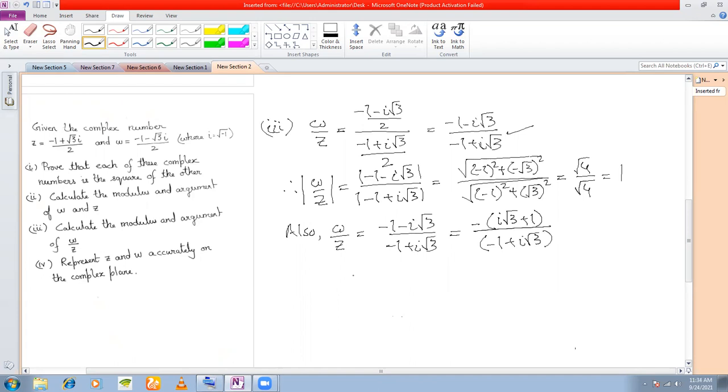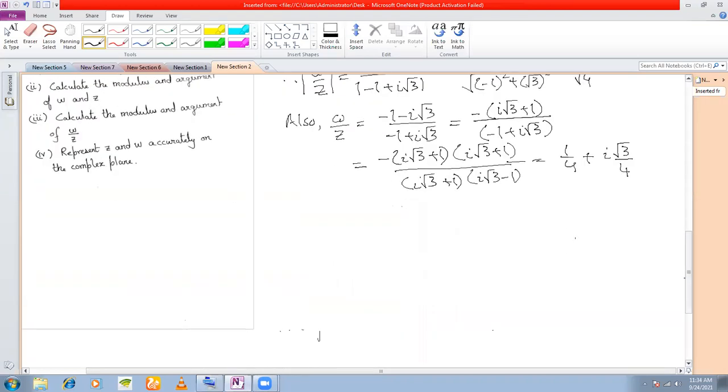Now multiply the numerator and denominator by i root 3 plus 1, into i root 3 minus 1. If you simplify this, you are going to get 1 by 4 plus i root 3 by 4. I'm not showing the simplification because I've done it many times.